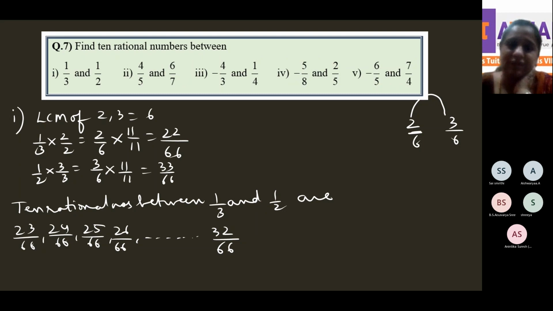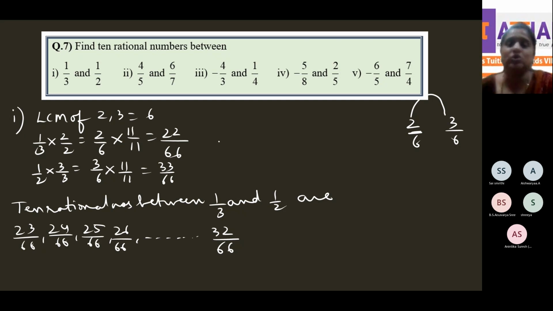So the thing is, first bring them to the same denominator using the concept of LCM. After that, though the denominators are the same, you don't have space between the numerators. What can you insert between 2 and 3? So next, how many numbers do you want to insert? 10. Take one more than that, 11. Multiply both the rational numbers by 11/11.